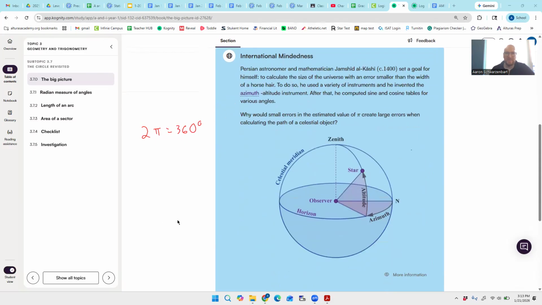So it's important to understand this. This was first done by a Persian astronomer, and he set that goal. And they used this to calculate locations of celestial objects.